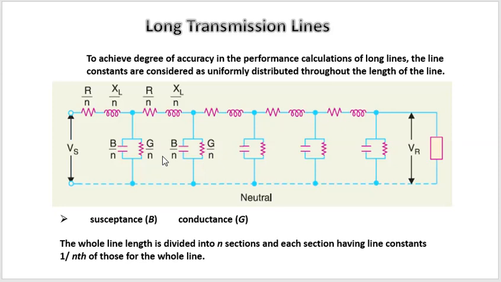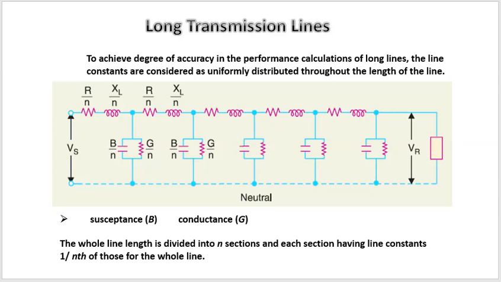This means for each section the resistance will be R over n, inductance will be L over n, while the shunt susceptance will be B over n, and the conductance G will be equal to G over n.